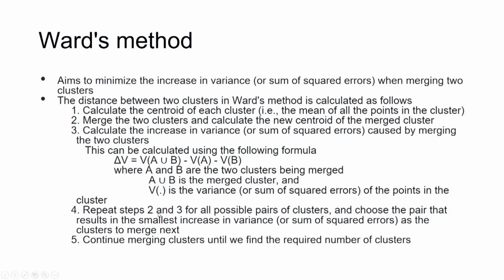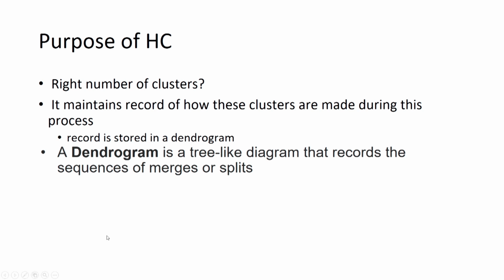We need to find all possible pairs of clusters that can be merged, calculate the increase in variance for those possible pairs, and merge the pair for which the increase in variance is the minimum. This process will continue until we find the required number of clusters.